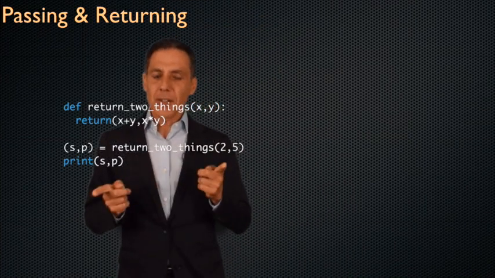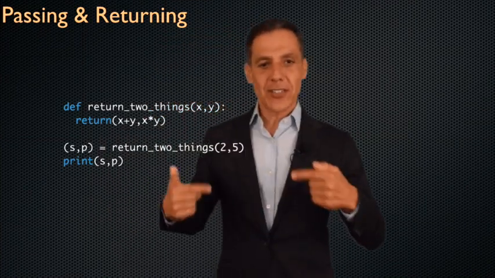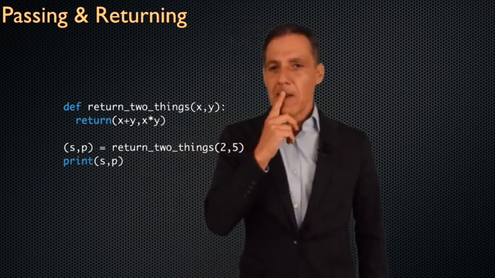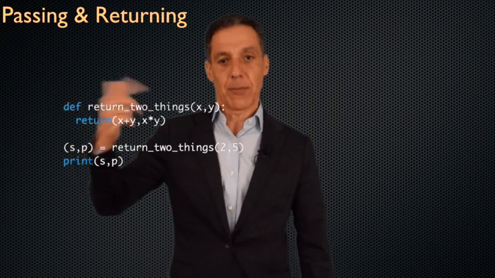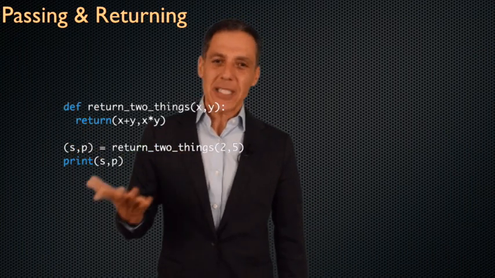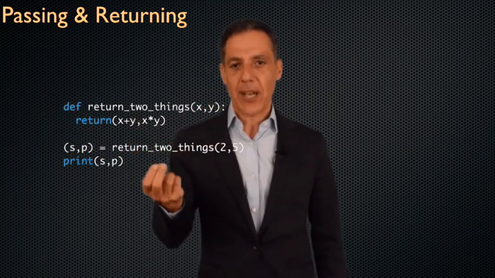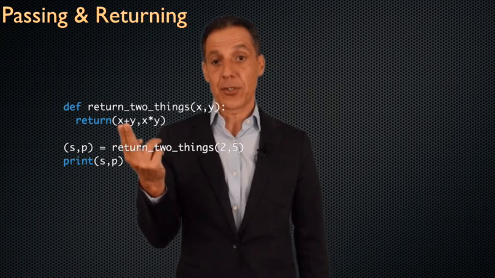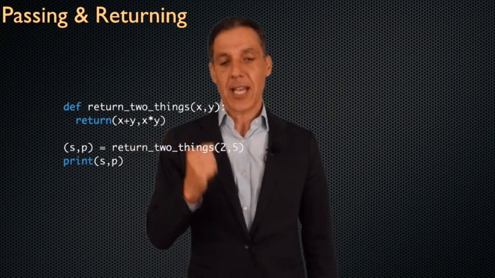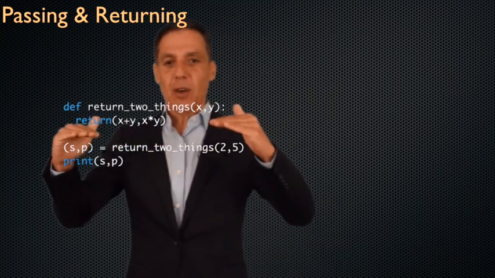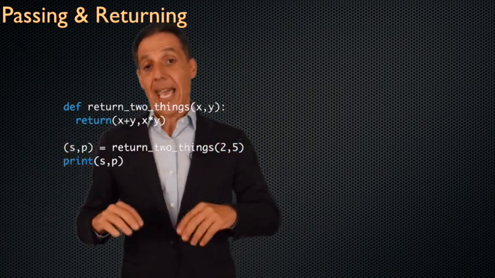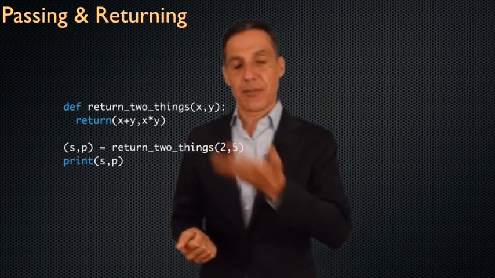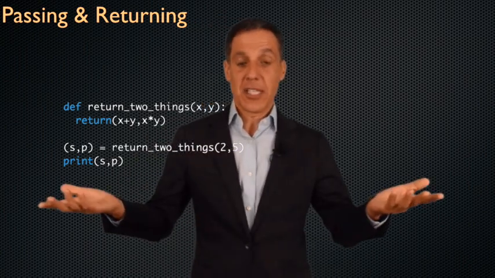All right, one little thing here in the previous, and this is just a style issue. In the previous one, I defined two variables, either s or p and a and b, and then I returned them. But I didn't really need to do that because it's such a simple calculation. I could have just said return x plus y and x times y. First of all, I have fewer lines of code, always nice. Conciseness, compactness is nice, and I save a little bit of time not having to define variables that eventually get thrown away.